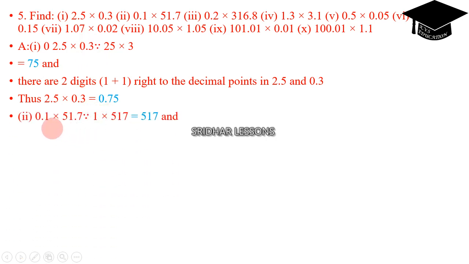Second problem, 0.1 into 51.7. It is 1 into 517, which is equal to 517. And since there are two digits, we can write it as 51.7. Question number 3, 0.2 into 316.8.